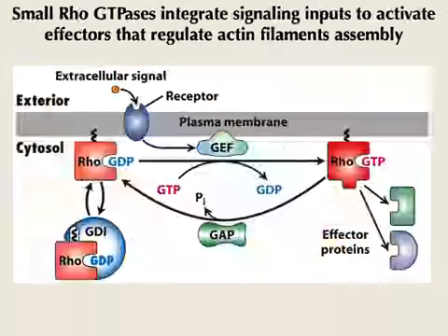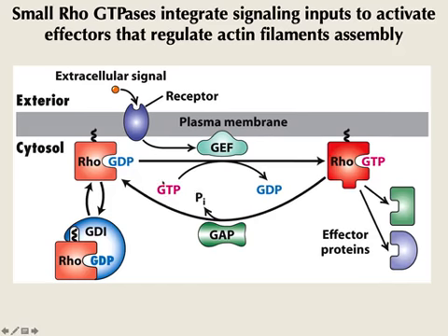Okay, so indeed, the Rho GTPases are key regulators of the actin cytoskeleton. We saw that, so this is just a brief reminder. There might be an excess held in the cytosol by this GDI, guanosine dissociation inhibitor protein. The Rho GTPase needs to be anchored at the membrane to function.